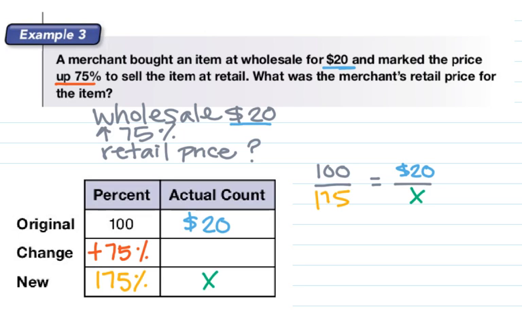Okay, so now we cross multiply. 100x equals 20 times 175. Well, on problems like this, I like to go ahead and just divide by 100 on both sides. The reason I like to do that is because that crosses out, and I can actually cross this out because 20 goes into 100 5 times, and 5 goes into 175 35 times.